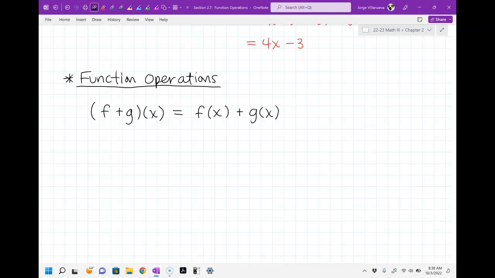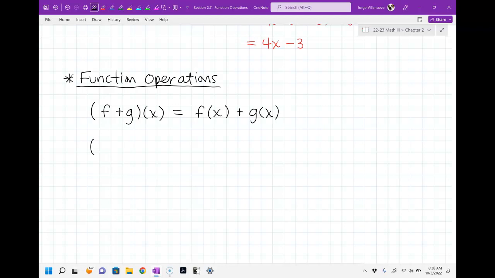So they're just saying get your two functions and add them together. And again, it doesn't have to be an f and a g or letter x. It can be m plus n of t, which would be m of t plus n of t, right? It doesn't matter. It's based on the names they use.